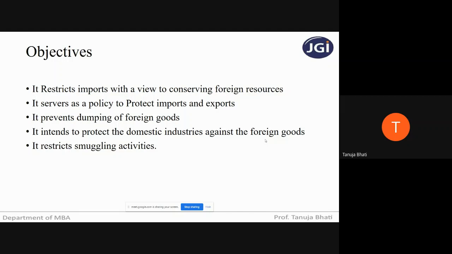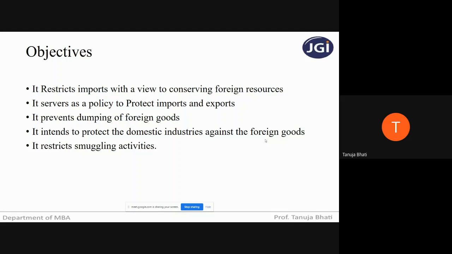Then the domestic industries will be hampered, the economy will be hampered, and that is the reason the government is imposing customs duty, so that people start buying from the domestic industries, people start manufacturing and production in India. That is why there was a concept called Make in India by Narendra Modi, so that people are encouraged and motivated to start their own production in India, and people stop importing the goods from outside India.